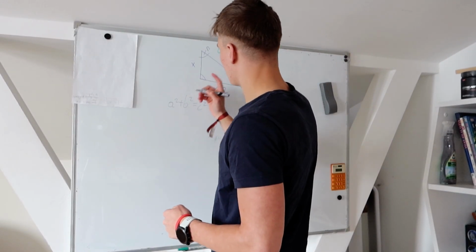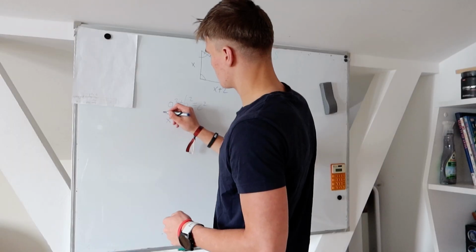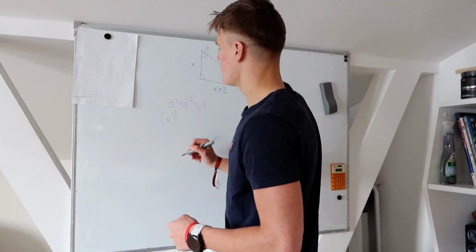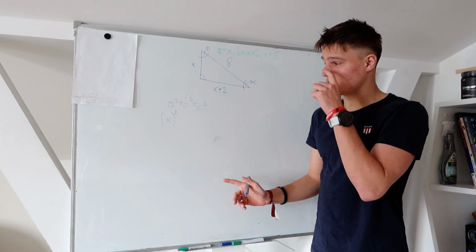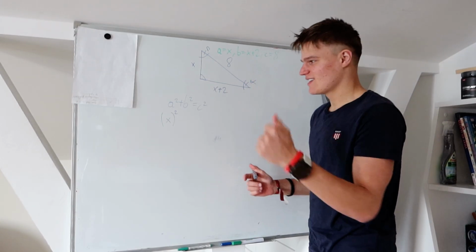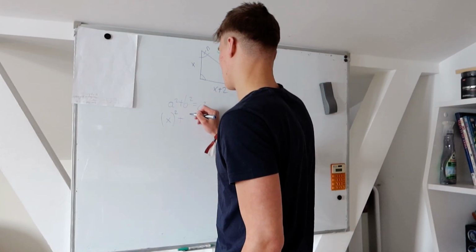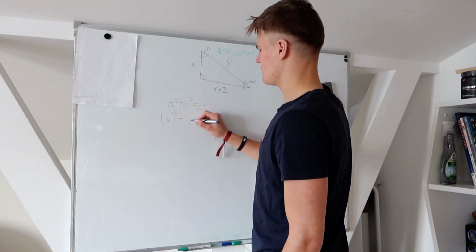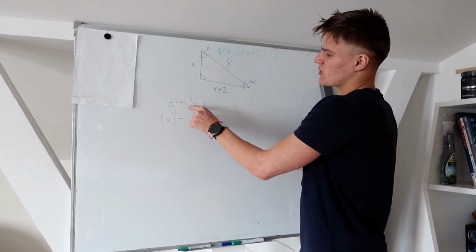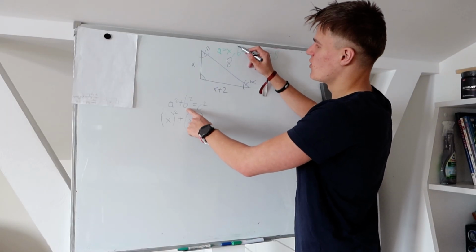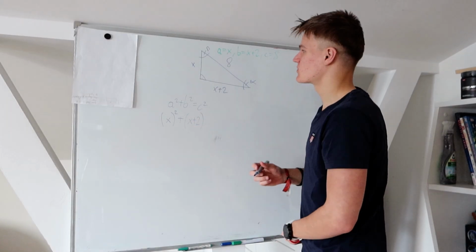So we have A squared, which is just x to the power of 2, right? I'm gonna write this in brackets, guys, because this is important every time that you have something like this, which is actually the reason that I wrote it in brackets. So we have x plus 2 in brackets, right? Remember, the square is squaring the whole thing. If you square this whole thing, I just made a video about equations, right?